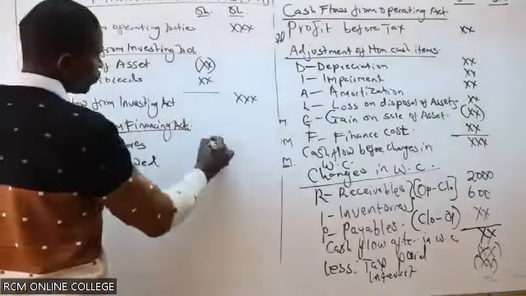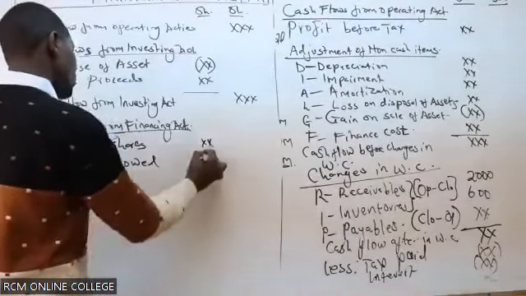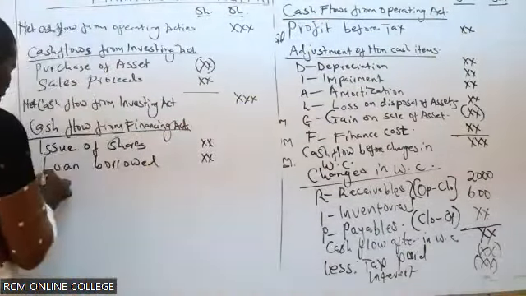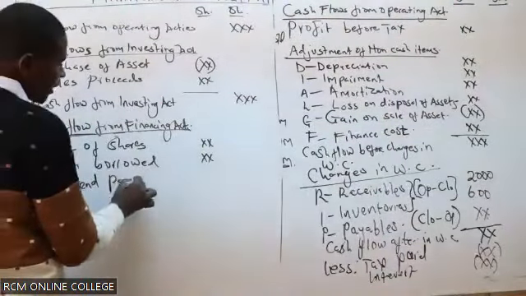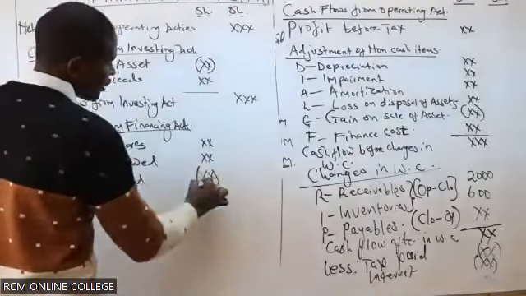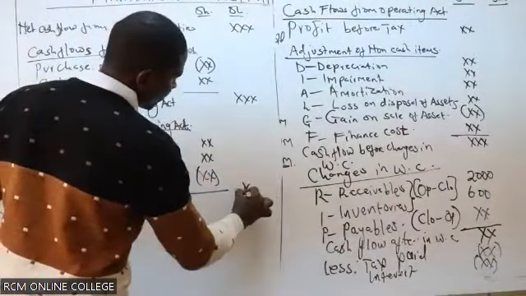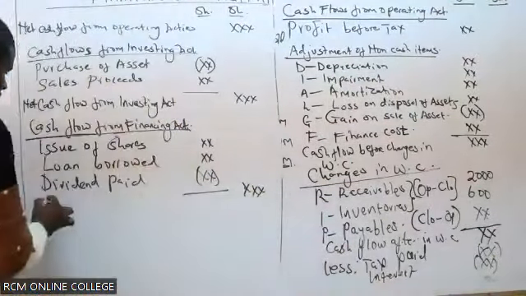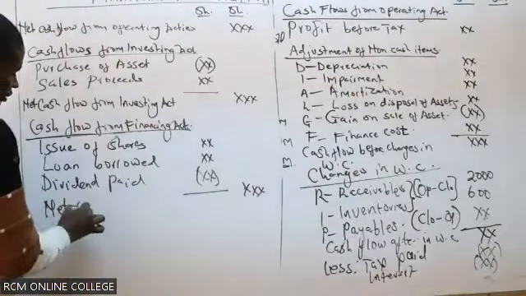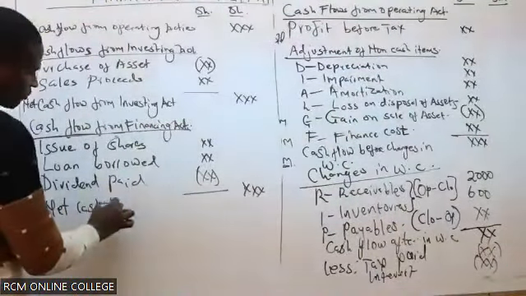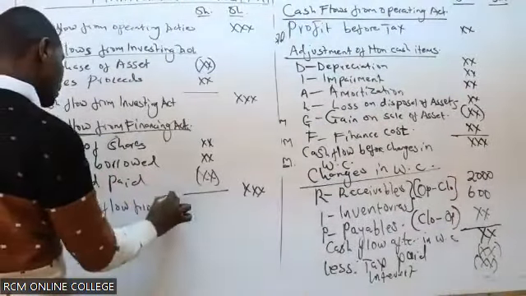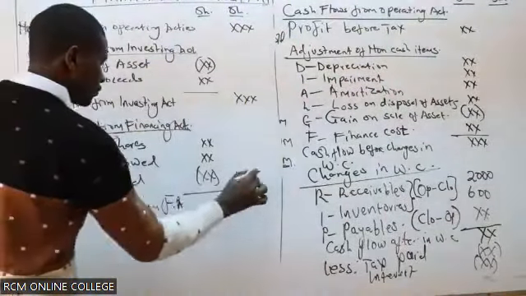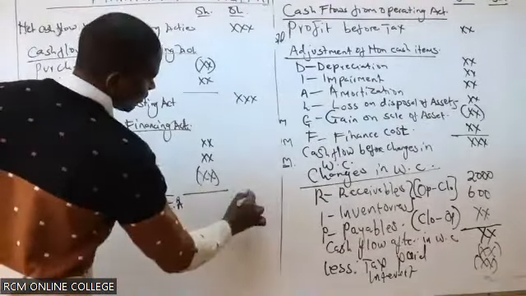So when we issue shares, our cash increases, tukiomba loan increases, dividend paid, tukilipa our cash inafanya nini? Ina reduce, and then tunaweza pata our net cash flow from financing activities.